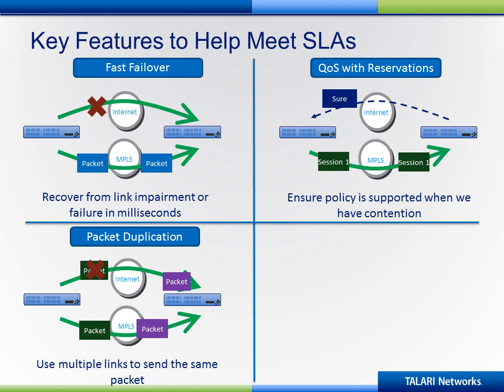The next thing we're going to talk about is packet duplication. And what we fundamentally do here, and the name is very direct and self-explanatory, is send the packets. Let's say you have multiple links. We send the packets down each one of those links. And the first one to reach the destination wins. So by definition, that's going to be the best performing link that will send the traffic through. And for the remaining packets, the duplicates that arrive late, those get discarded. There's a pro and con with this approach.